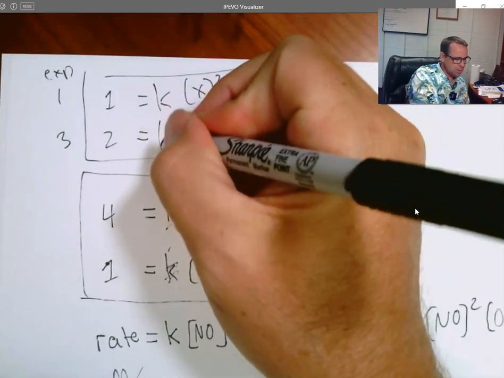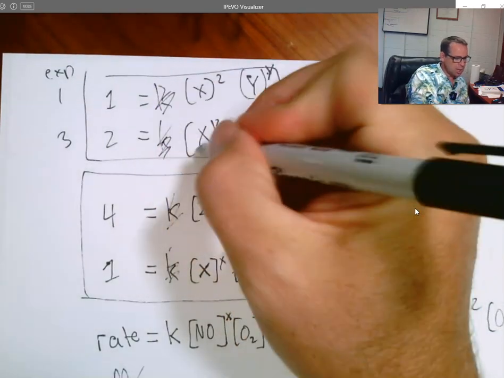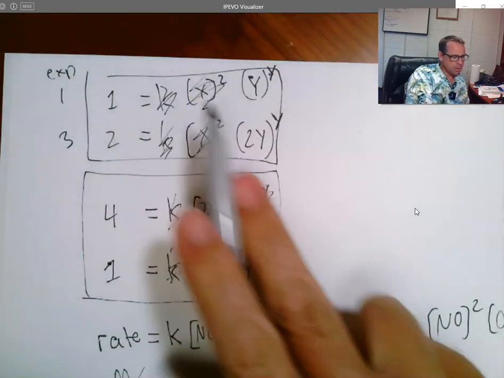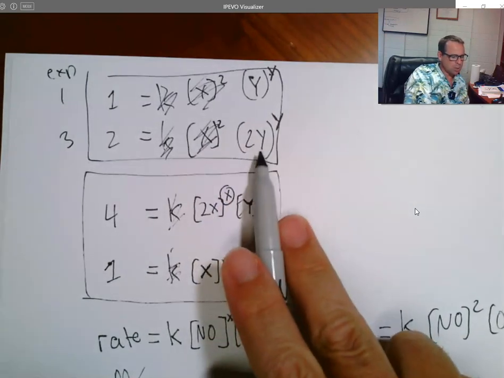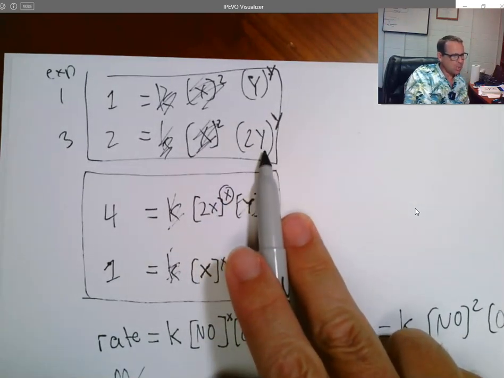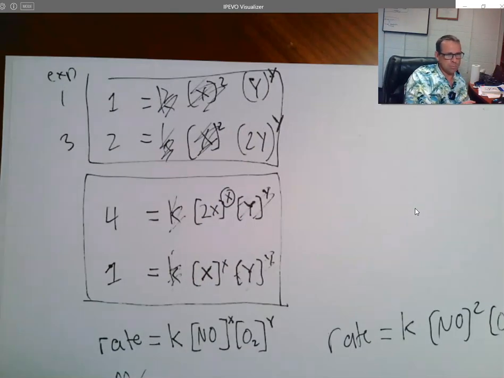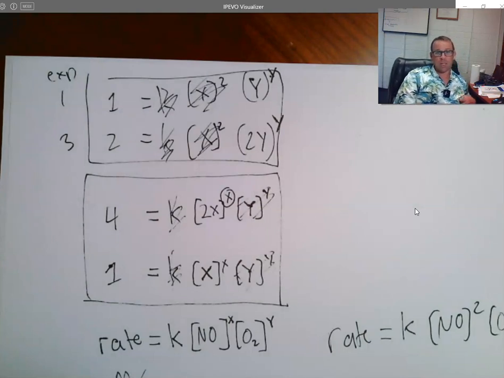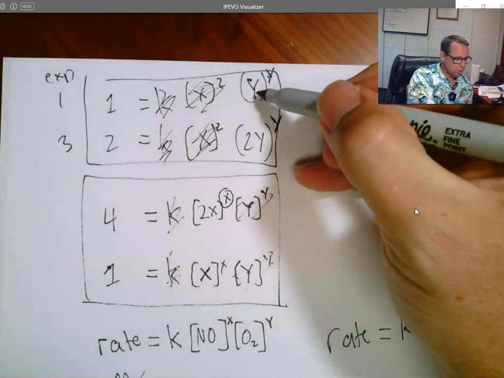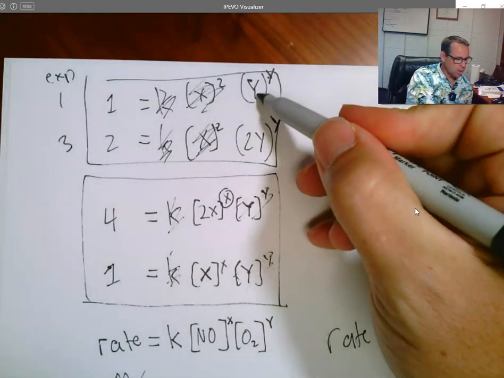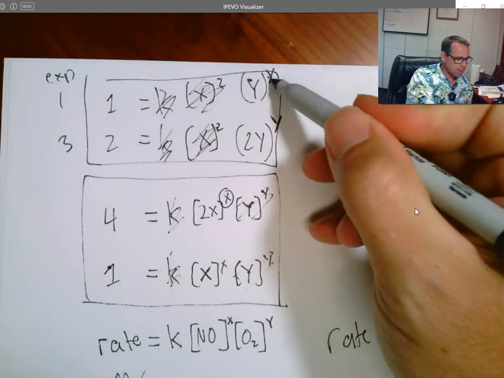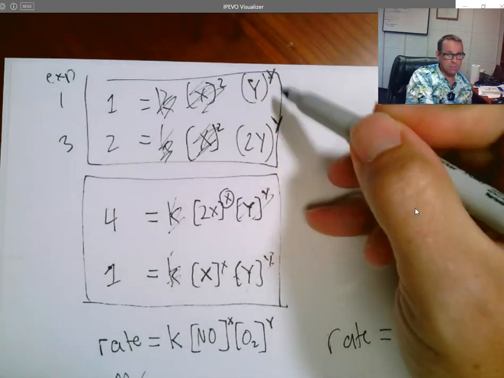There's a lowercase k, but none of these things changed in our 2 experiments. The only thing we changed was the concentration of y. The exponent wouldn't change, would it? Well, no, the exponent doesn't change for sure.